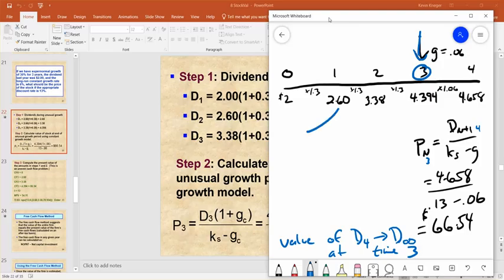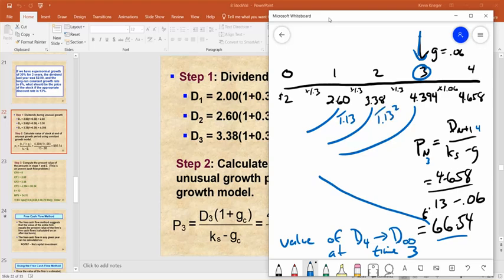I need the present value of 2.60 and 3.38 and 4.394 at times 1, 2, and 3. And I also need the value of this number that's at time 3. How do I do that? Well, you can get each of them individually by discounting by 13%, squared, cubed, and then this one also cubed, and get all the numbers, right?